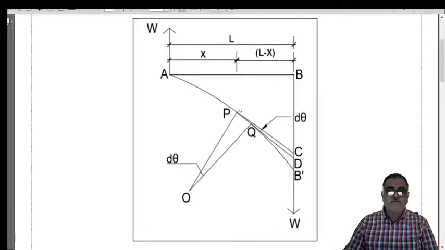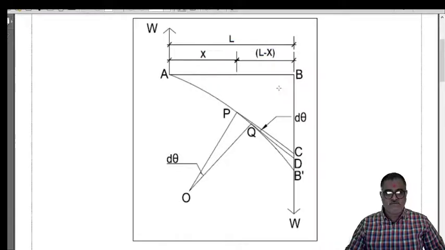Again, this is the point P. Up to this point P, we can say that this distance is x. So the total distance is L, and this part is L minus x.